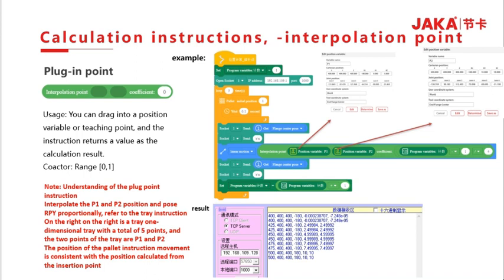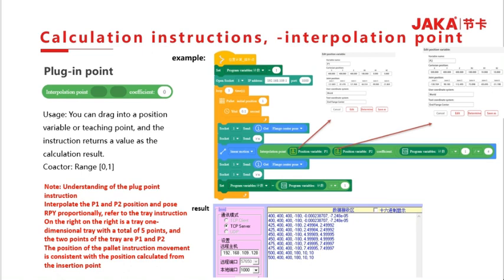The 2 points of the palette are respectively P1 and P2. After the palette is in place, the socket sends the coordinates of the center position of the flange at the front end. The robot moves in a straight line to the position of the interpolation point between P1 and P2.